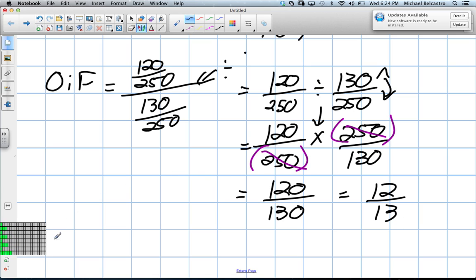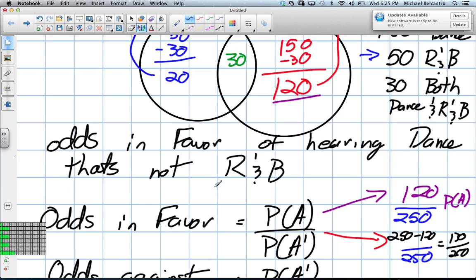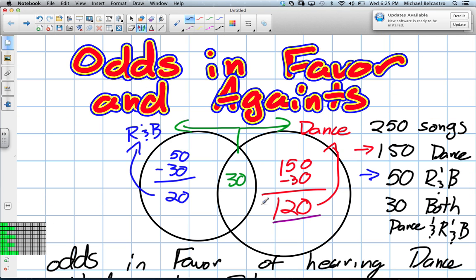The second question states odds against. So we're going to call it OA, right? And we know that's the probability of an event not happening over the probability of the event happening. So what are the odds against hearing a song that is both dance and R&B? So 30 to 250. Yeah, so let's take a look at it. 30 to 250 are the odds of actually hearing a song that's both.